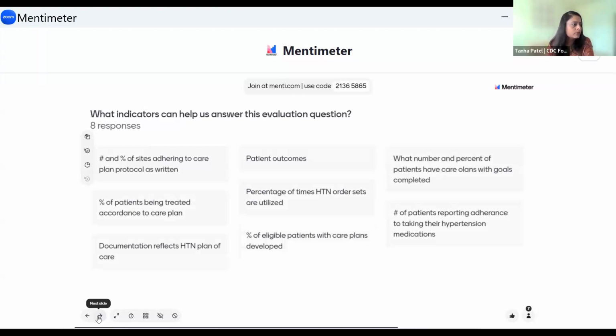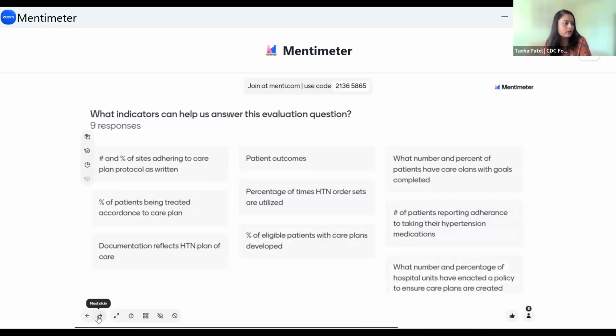Okay, percentage of patients being treated in accordance with care plan. Documentation reflects hypertension plan of care. Percentage of eligible patients with care plans developed. What number and percentage of hospital units have enacted a policy? Okay, that's a good one.